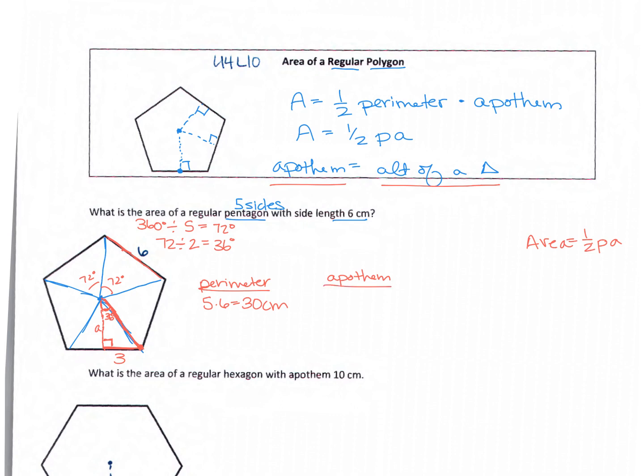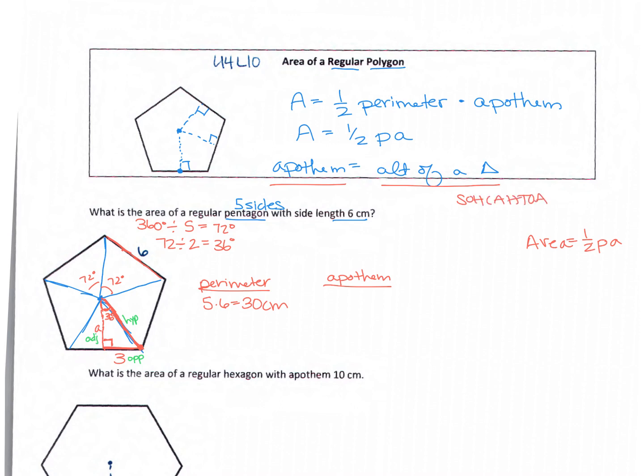If I'm using the 36-degree angle, let me grab a green pen. This is my opposite side. My apothem is my adjacent side, and this side that I don't know anything about is my hypotenuse across from the right angle. So using my SOHCAHTOA, let me write it up here at the top.